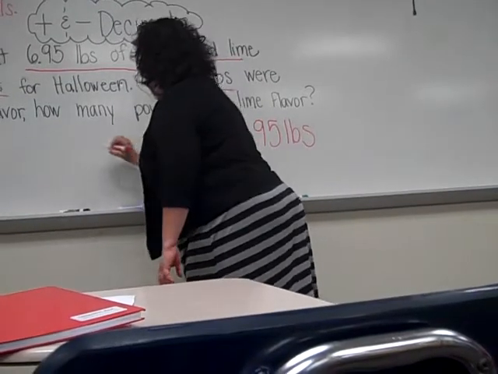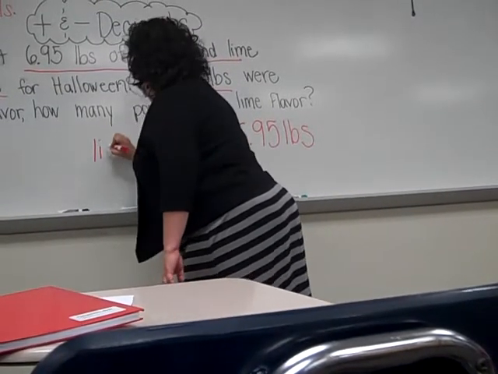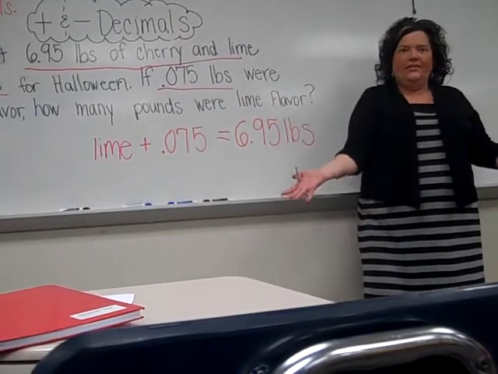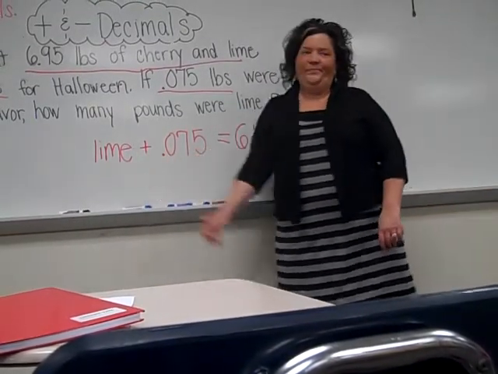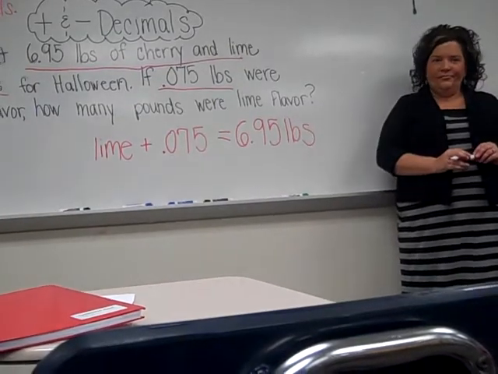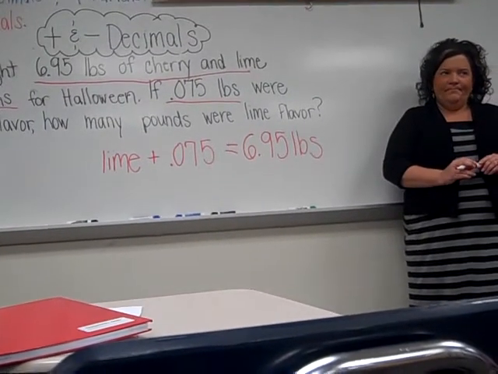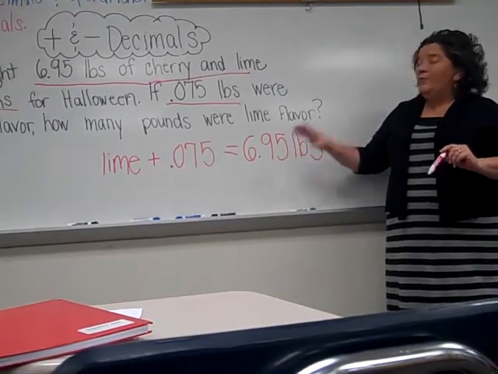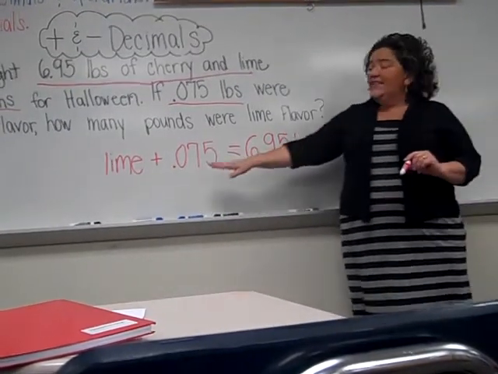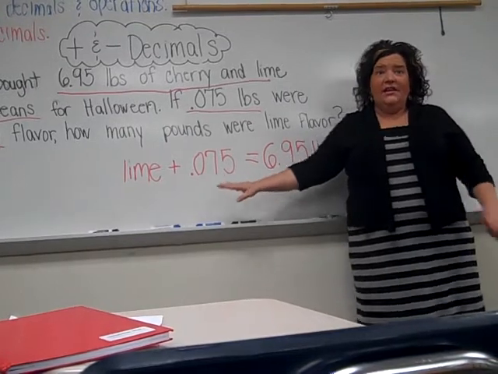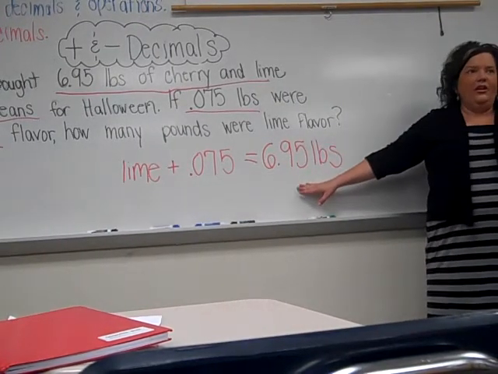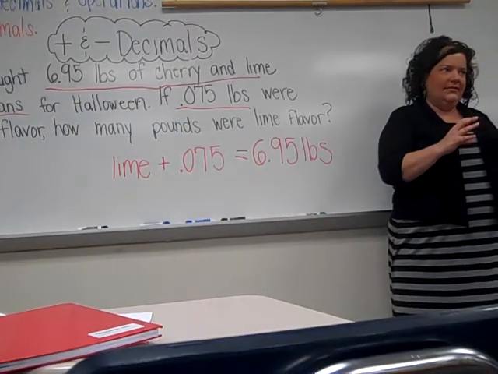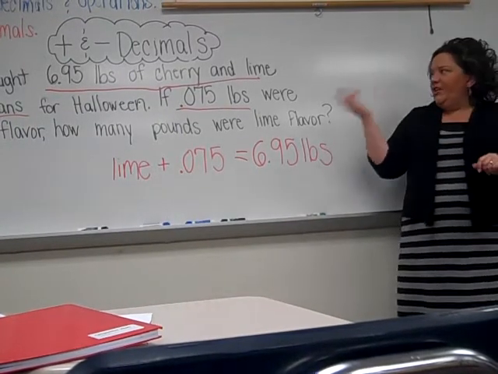And we don't know how many lime jelly beans we had. That's our big question. That's what we're trying to solve for. So since this is our total, children, I am going to subtract 75 thousandths from 6 and 95 hundredths to find how many lime jelly beans Jerry purchased.